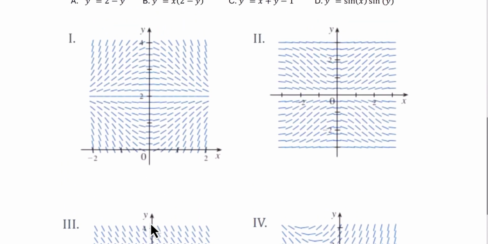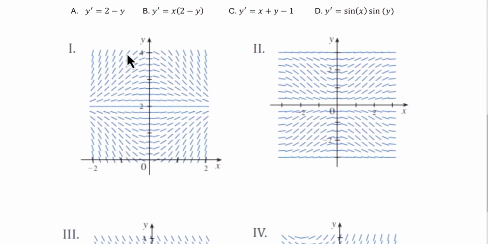We could think about it this way. Notice that you don't see the x variable in this equation. The slopes at each point are independent of x since x isn't there. So that means that at every point that is parallel to the x-axis, we should have the same slope. So in this example, we are parallel to the x-axis, but notice that the slopes are not the same.